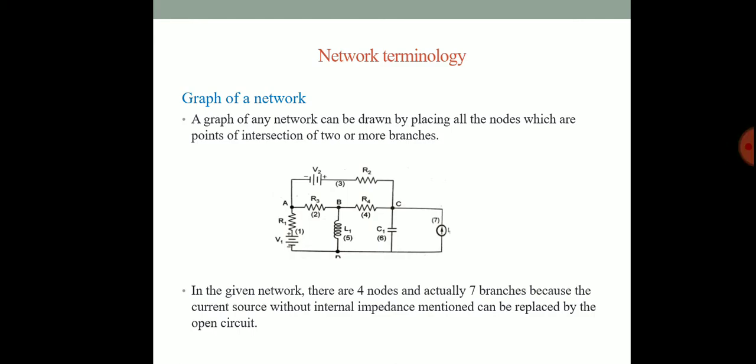We see the diagram, the branches in the network. In the given network, there are 4 nodes and actually 7 branches in which there are network elements. But in the graph we will have only 6 branches, because the current source without internal impedance mentioned can be replaced by an open circuit, hence not considered.